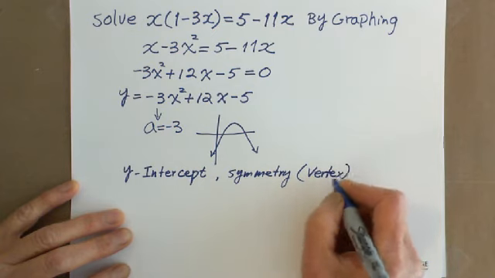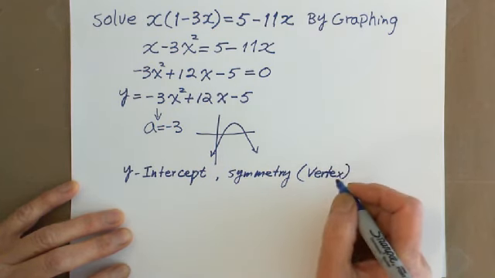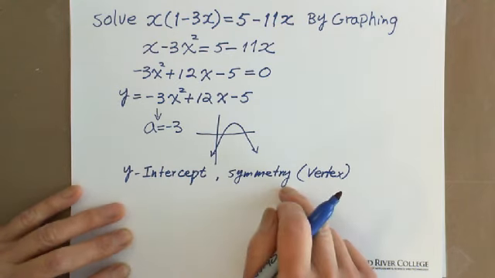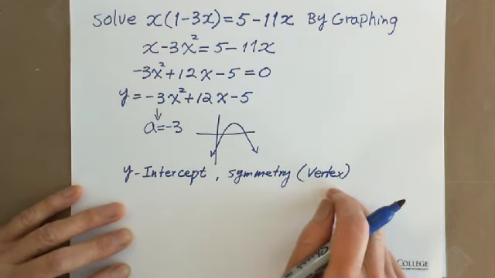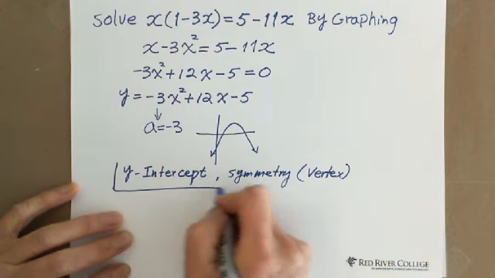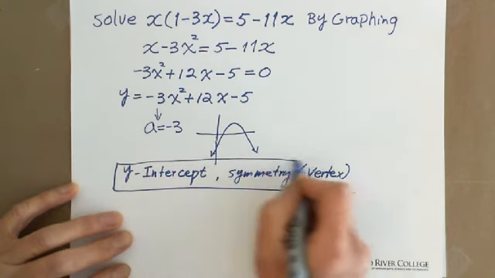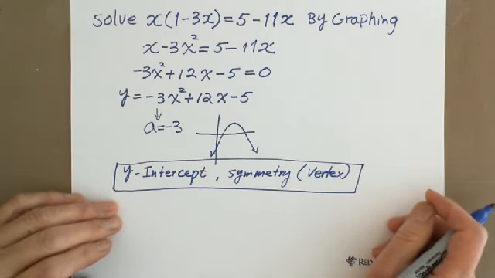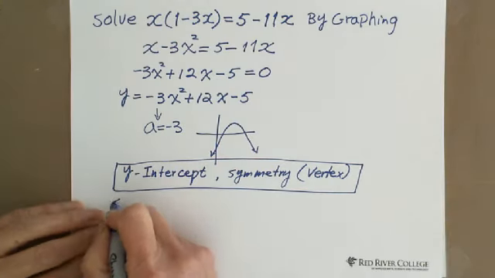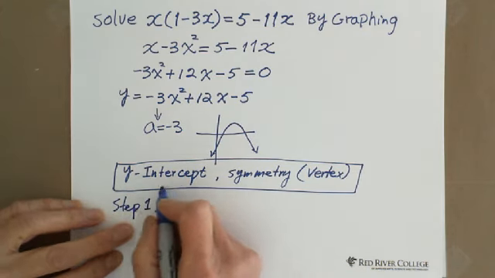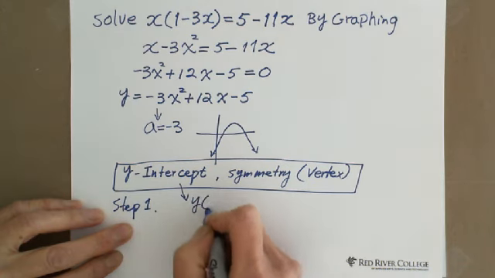We're looking for the y-intercept, the symmetry, and the vertex. This method is the y-intercept symmetry method. So we first need to find, step 1, the y-intercept. Y-intercept means x value equals 0.